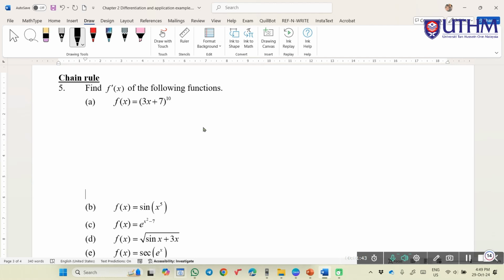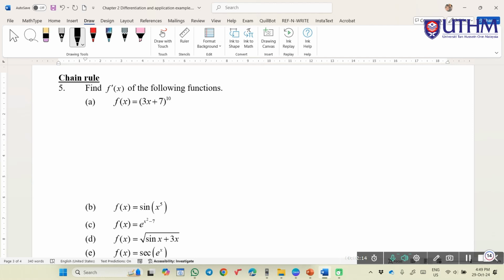f(x) equals (3x + 7) power of 10. For this function, if you already learned differentiation before, I think most of you already know it.